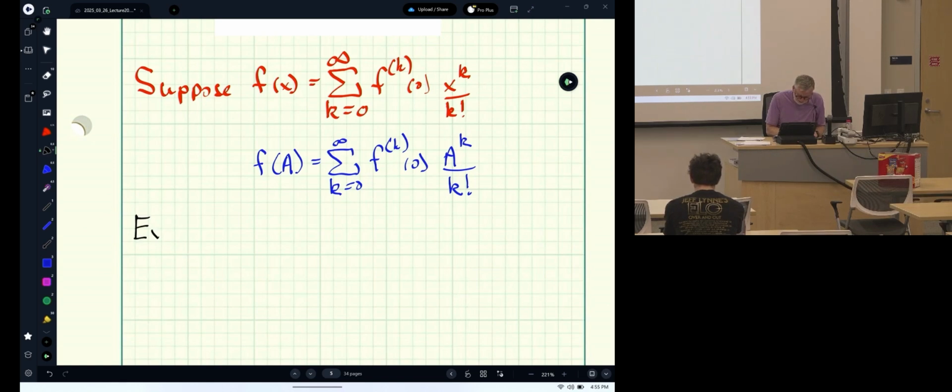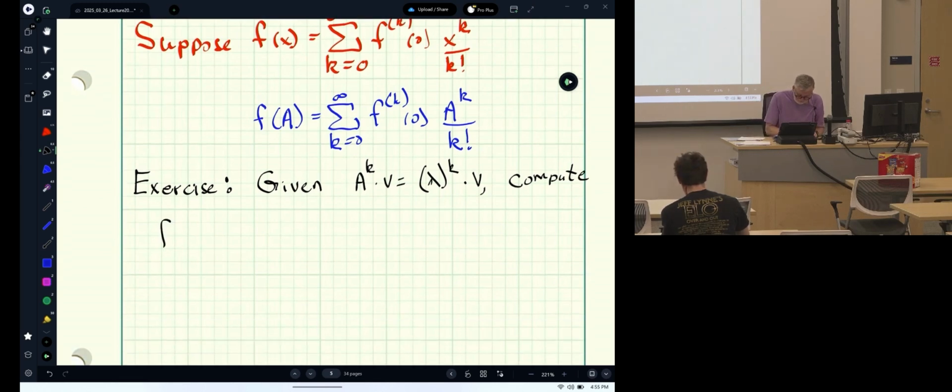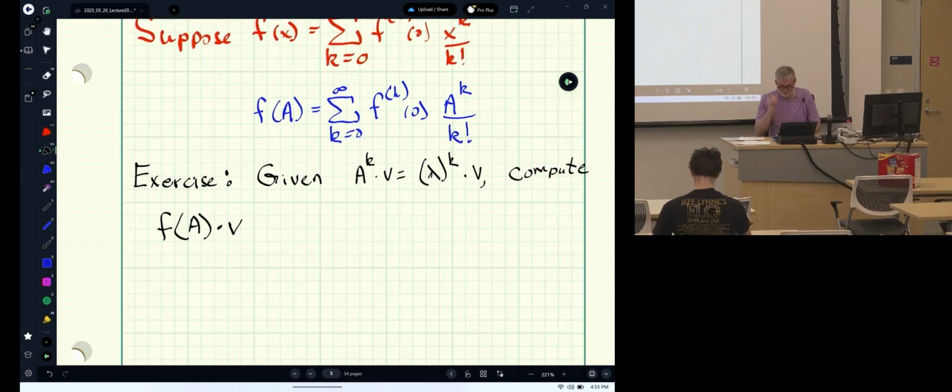So, exercise. Given A to the k times v equals lambda to the k times v, compute f of A times v. Okay?